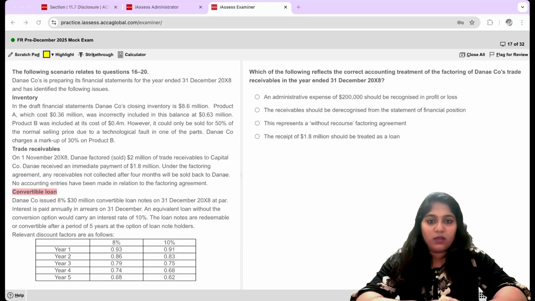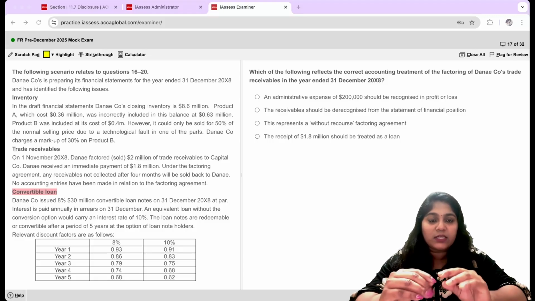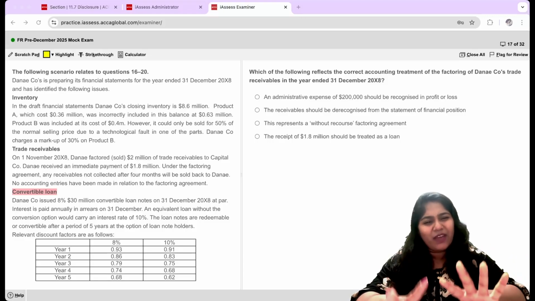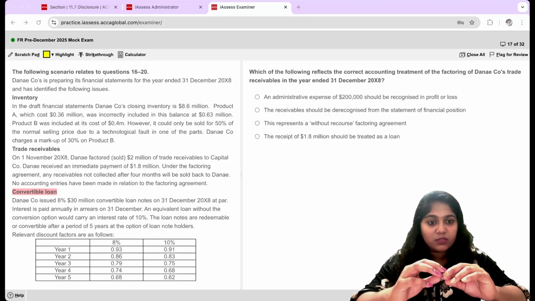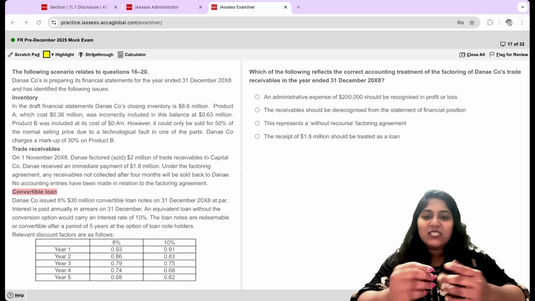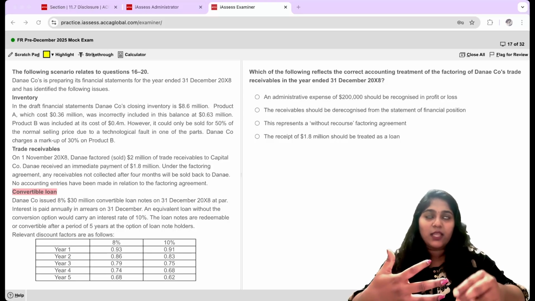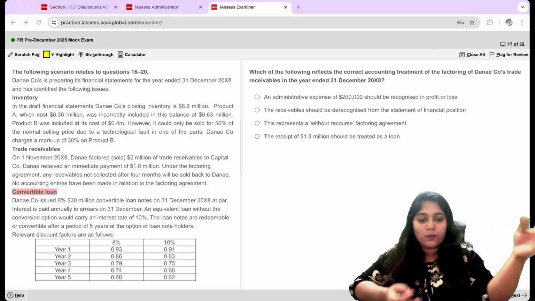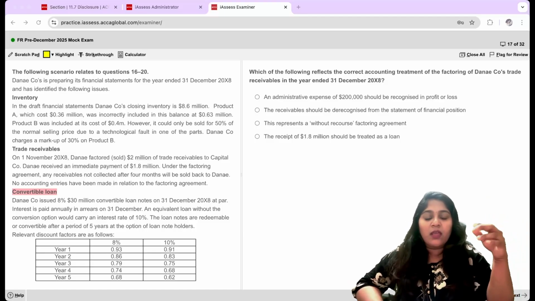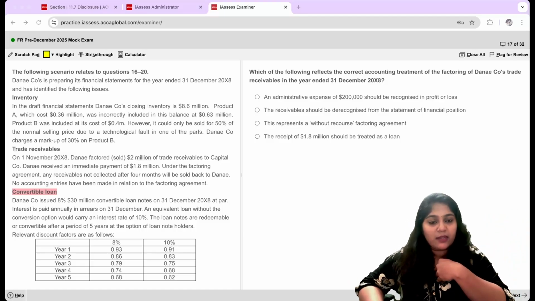The next one asks, which of the following reflects the correct accounting treatment of the factoring of Danae Company's trade receivables in the year ended 31st December X8. What is factoring, guys? Factoring is like I'm selling my receivables. Sometimes I bear the risk, sometimes the other party bears the risk. If I bear the risk, I treat it as a loan.